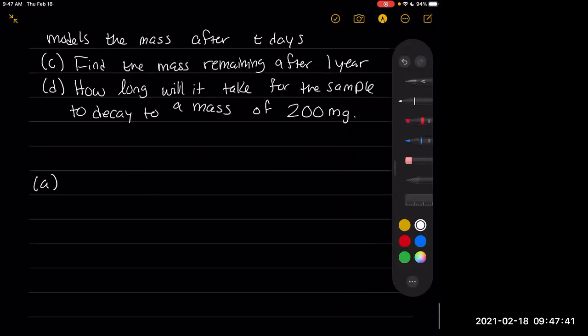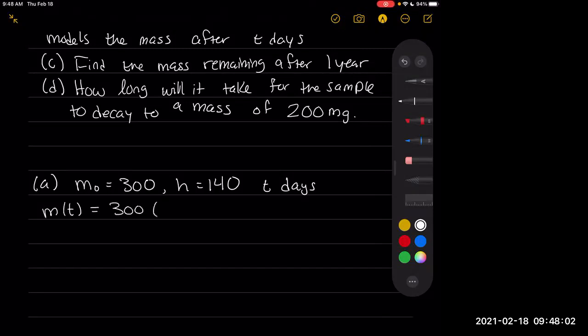So for A, we know that our m naught is 300 and our half-life is 140, and our time is measured in days. So that means m of t is 300 times 2 to the negative t over 140.